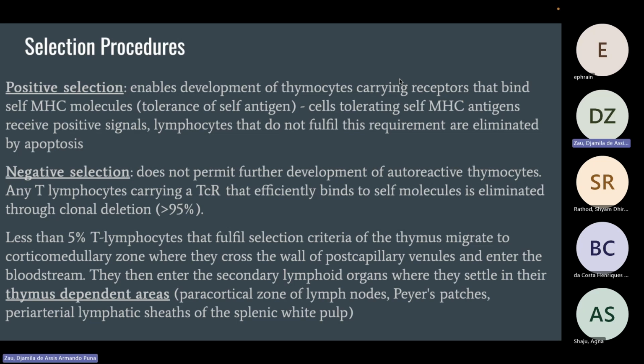Do you guys understand why these cells that were created in the bone marrow and matured in the thymus travel to other places? Why don't they just stay in the thymus? Can anyone guess? No? Because lymphocytes, guys, this is our immune system. It wants to protect us, right?